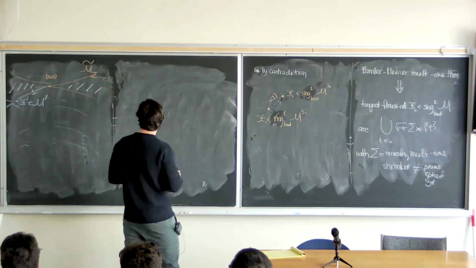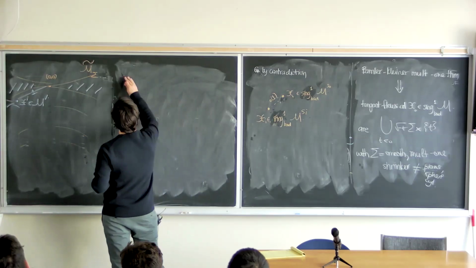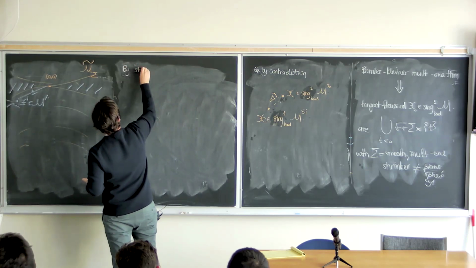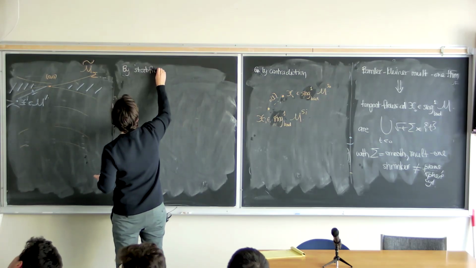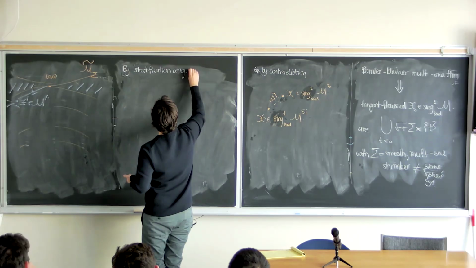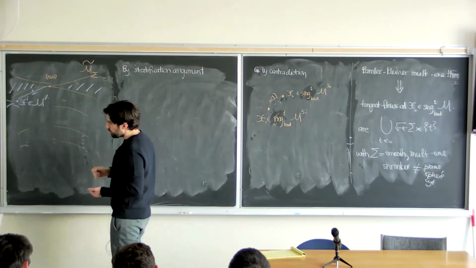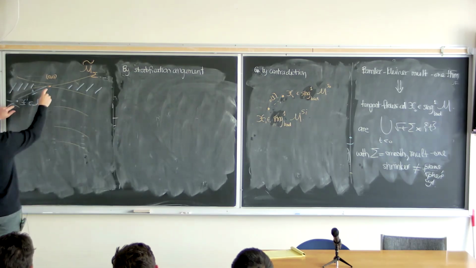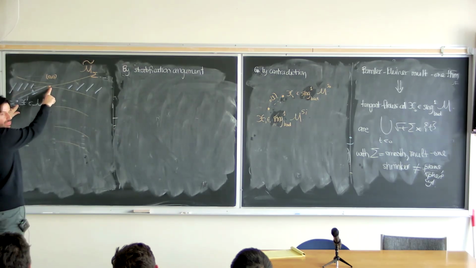Now, you have to do a clever stratification argument by densities, which I can't get into, but by a stratification argument, you can ensure that when you do that, you end up with points that are shrinking here and shrinking here, based off of two self-similar shrinkers.